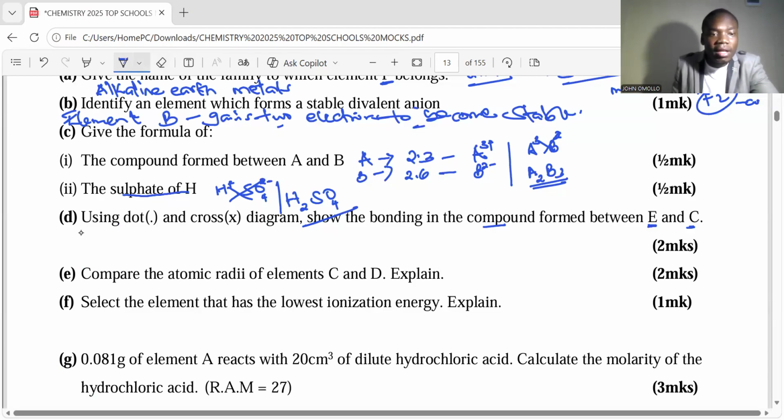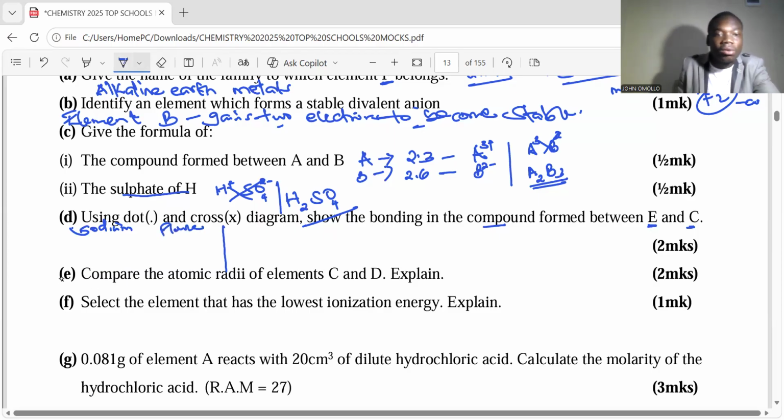So let's dive in. Let's give the electron configuration of the sodium atom and the fluorine atom.